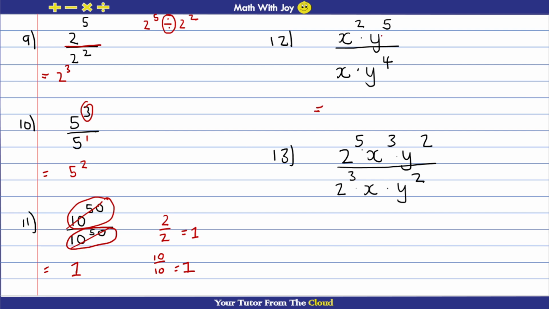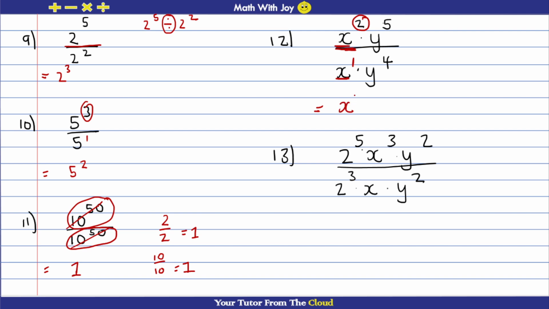Now let's go to this one. Now we have a couple of more bases here. So what you need to remember still is that if the bases are the same, so the x's, they have the same base, and you can clearly see they are dividing. So I'm going to say 2 minus this invisible 1 that is over there. Then I'm going to get x to the power of positive 1.